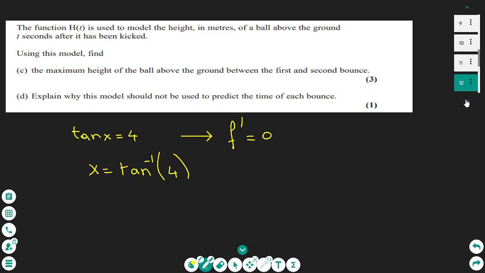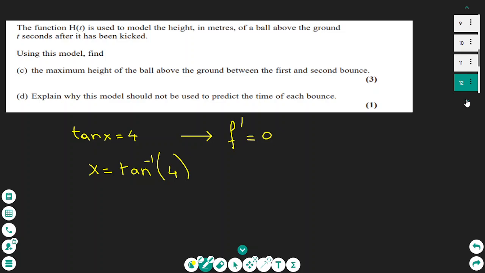The function h is used to model the height of a ball above the ground t seconds after it has been kicked. Using this model, find the maximum height of the ball above the ground between the first and second bounces.